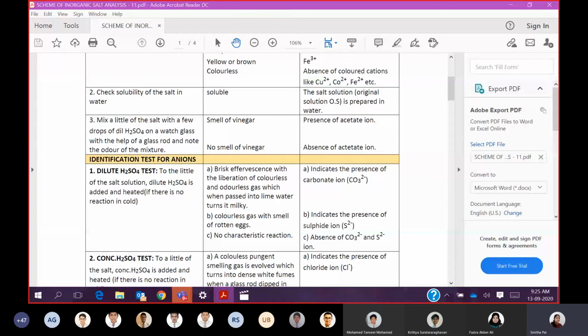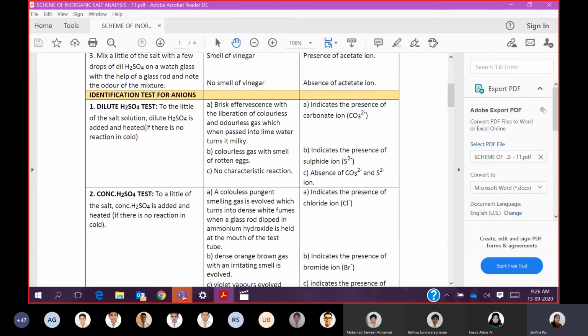You will not get the smell of rotten eggs. So on performing the dilute H2SO4 test, your observation will be no characteristic reaction. So you have to report as no characteristic reaction, absence of carbonate. CO3 2- is carbonate and S2- is sulfide. So your observation is no characteristic reaction, absence of carbonate and sulfide.